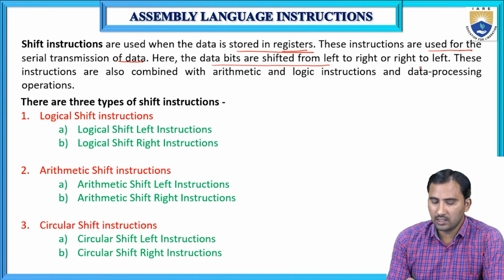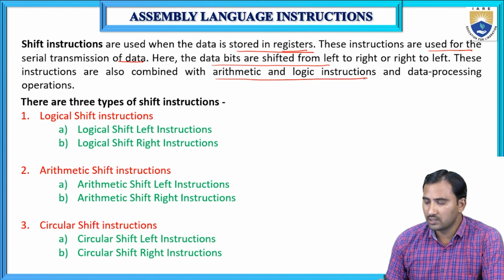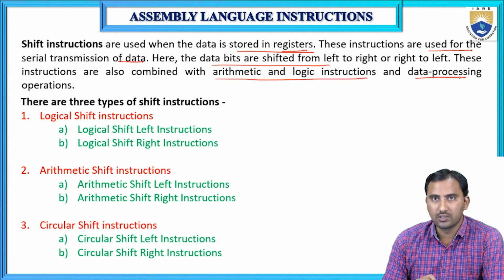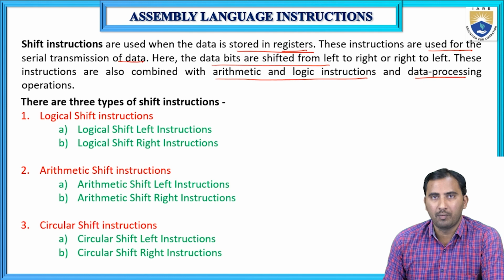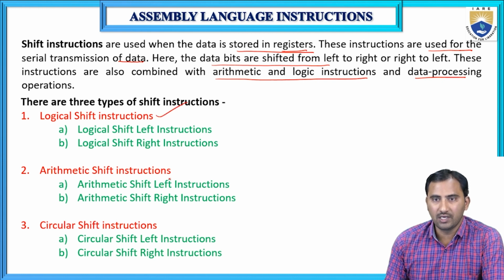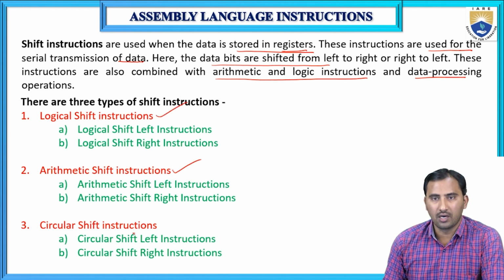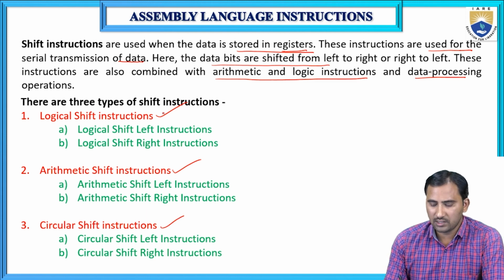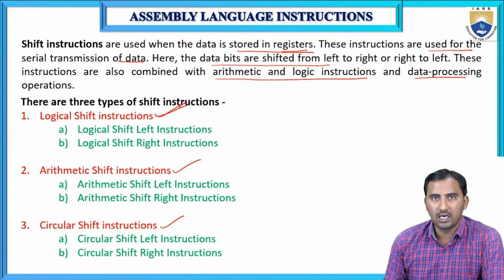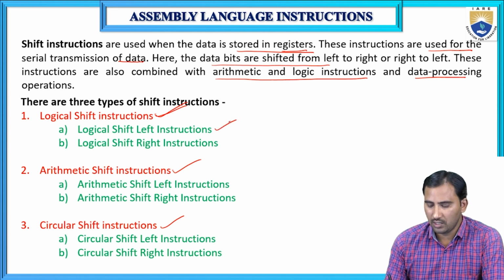Okay, and these shift instructions are combined with arithmetic and logic instructions and data processing operations. Okay, so these shift instructions are classified into three types: logical shift, arithmetic shift, and circular shift. So these are the three main classifications. So in the logical shift, again, logical shift left instruction and logical shift right instruction.